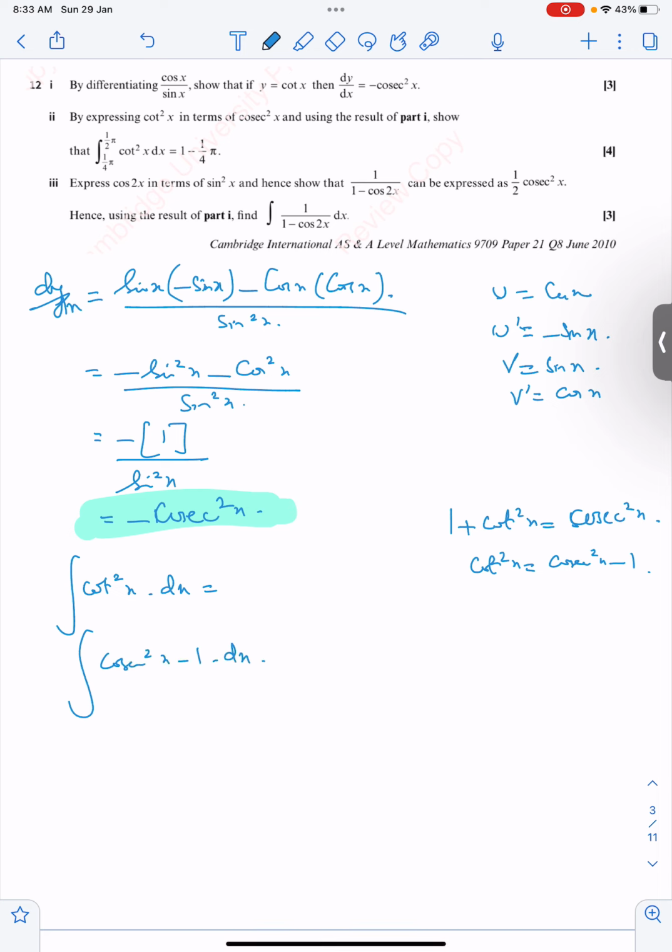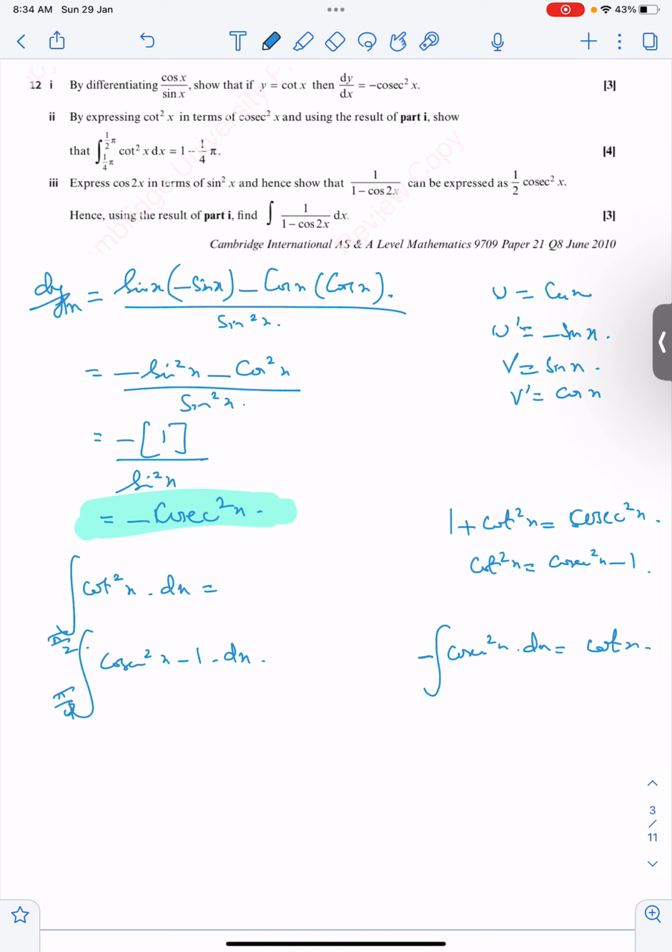I have to apply the boundaries of pi by 2 and pi by 4. Now we know that if y is cot x, dy by dx is minus cosec square x. That means if you integrate this, you will get cot x. When you integrate cosec square x, negative cosec square x dx is going to give you cot x.